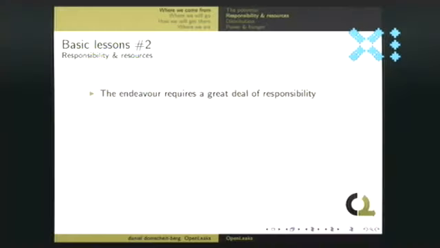Secondly, there's a lot of responsibility you have to bring into such an endeavor. That is what we learned. It requires a responsible way to deal with topics, even more than the classic form of reporting. And this is basically because you are dealing with unredacted, or at least in some parts unredacted, but raw information.